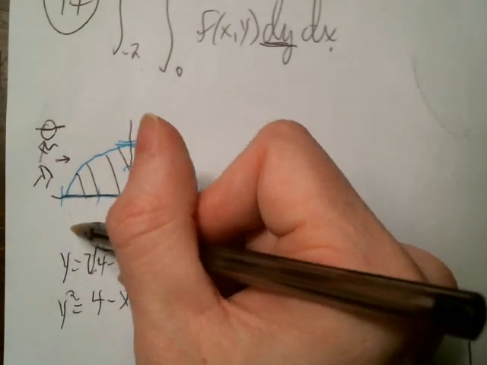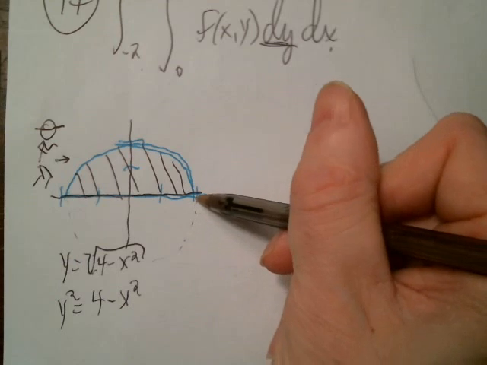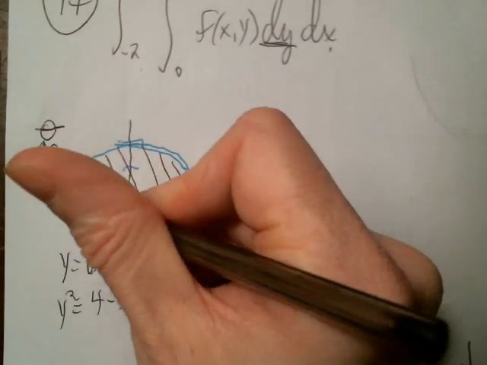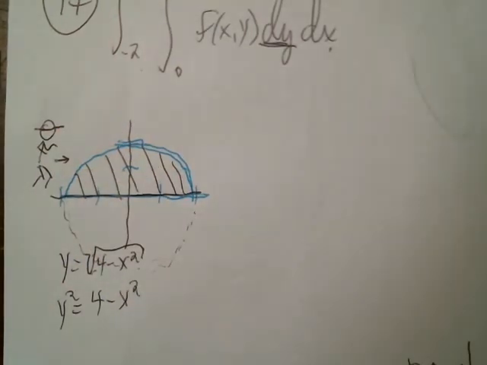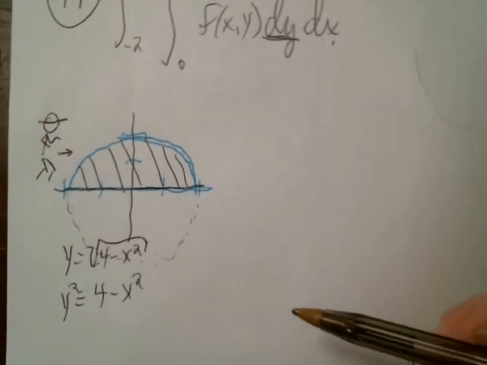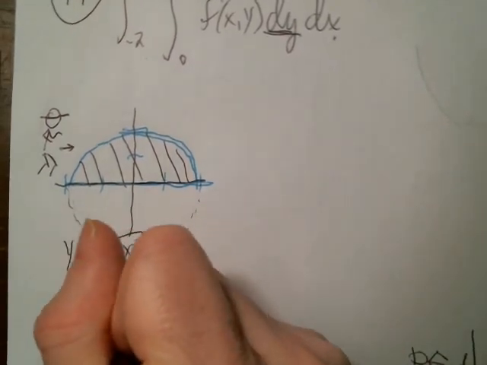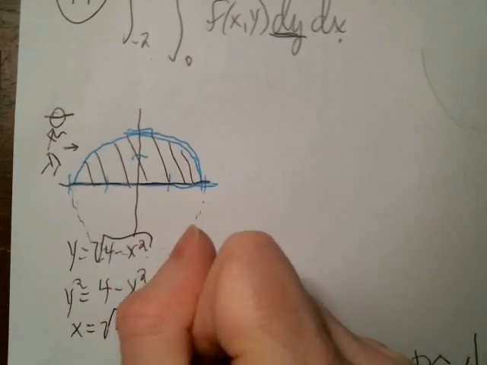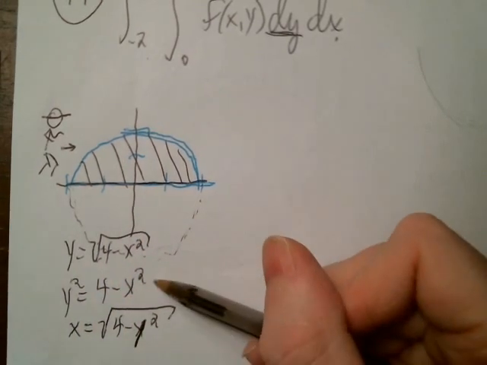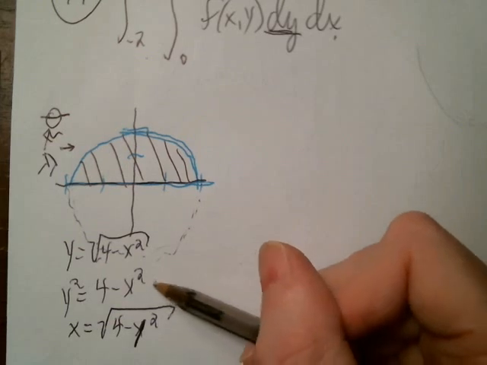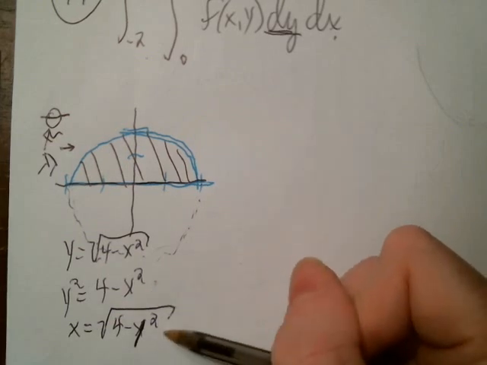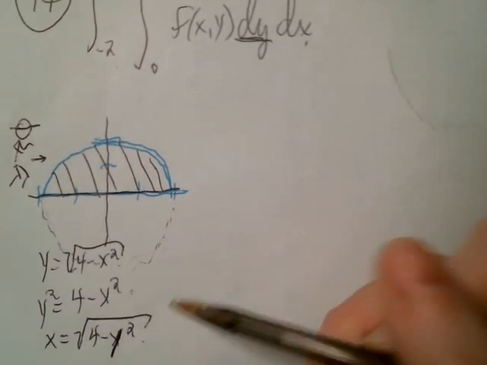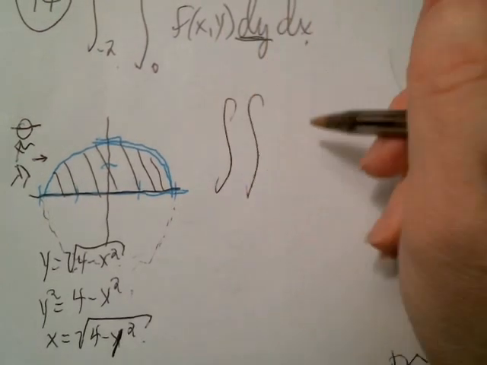The minus y equals minus square root of 4 minus x squared is that curve right there. When I switch the orientation, I'm going to have to work with x equals the square root of 4 minus y squared, right? So if you were to solve this equation for x, you would get this thing.